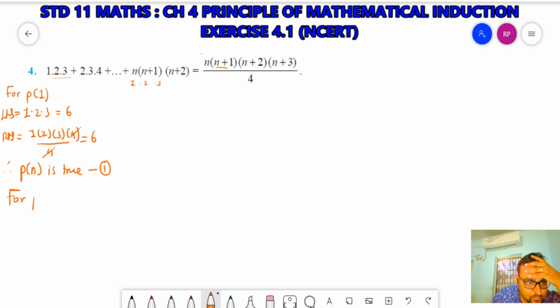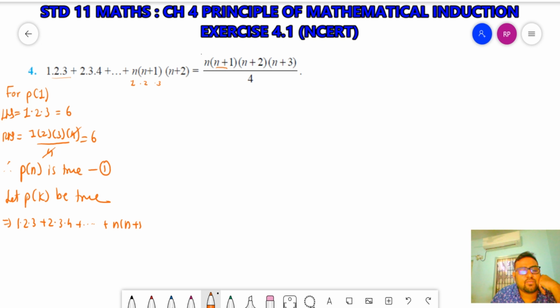Now for P of k, sorry, we need to assume P of k is true, right? So let P of k be true. So what will that imply? 1 into 2 into 3 plus 2 into 3 into 4 up to n into (n plus 1) into (n plus 2), not n, I need to write down k, instead of n, k plus 1, k plus 2.